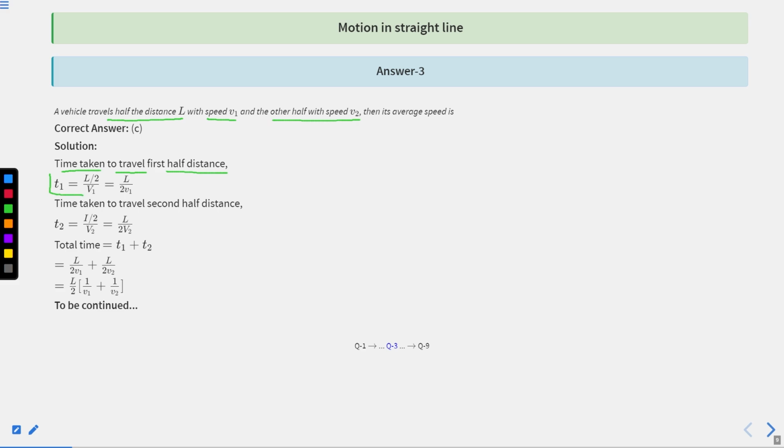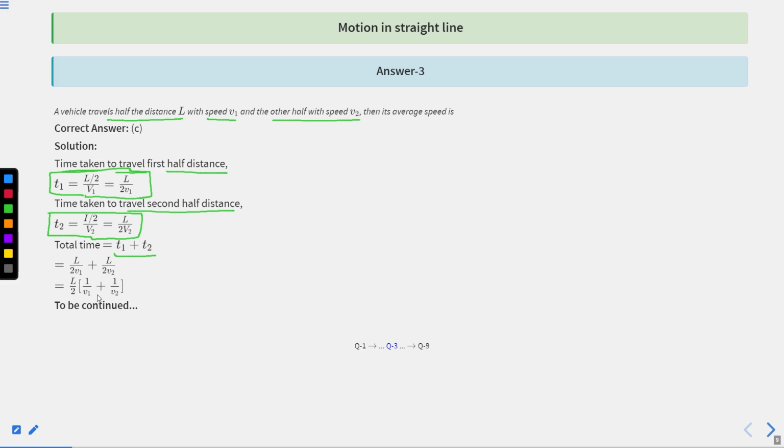The time taken to travel the second half distance is T2 = (L/2)/v2. The question asked about the average speed. The total time is T1 plus T2. Then add L/2v1 plus L/2v2.